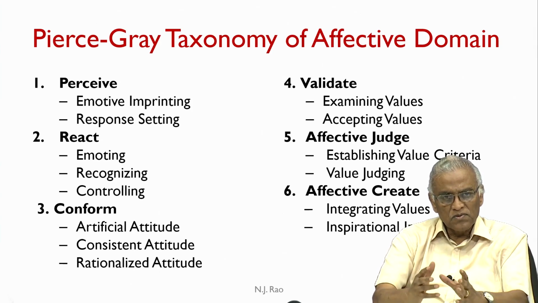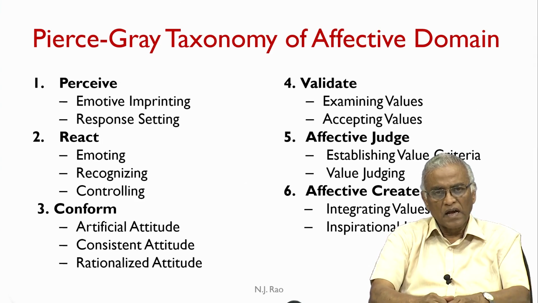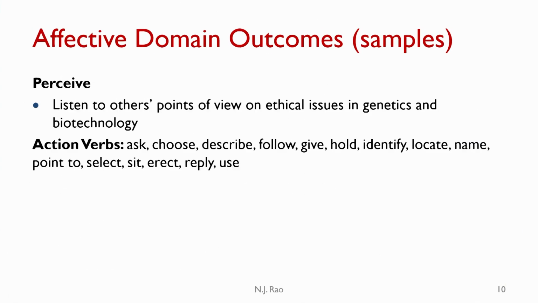We will not go through the sub processes in great detail, but I would like you to note that there are sub processes in each one of the 6 affective levels. Let us look at each one of these to a limited extent. We are not going to get into the depth.